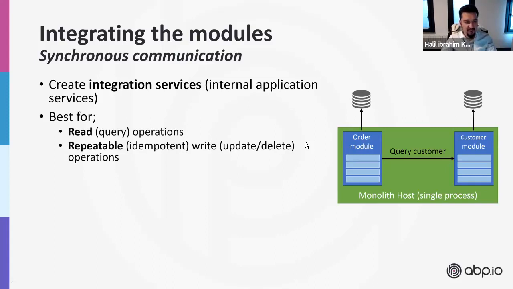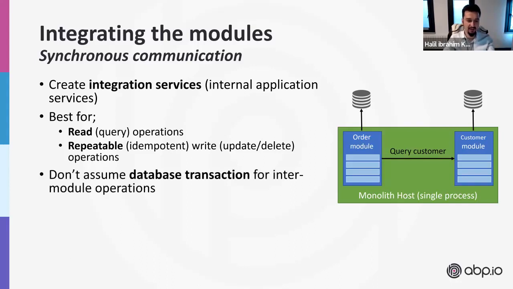Such an integration is good for read operations, like querying the customer here, and repeatable write operations, like updating and deleting, are also good candidates, because repeatable operations are easy to retry when you have an error. For these kinds of operations, you can use synchronous communication.